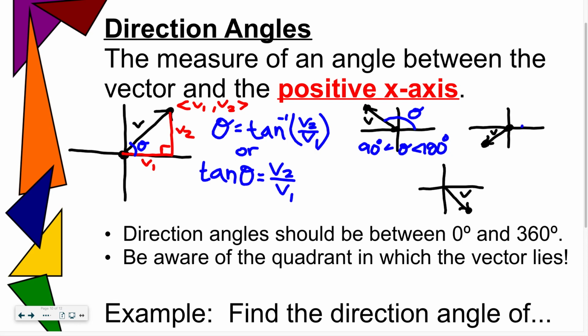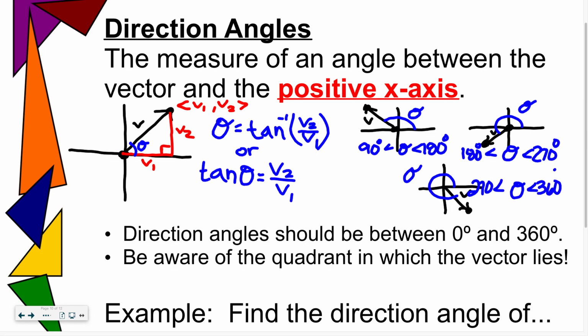If you're in quadrant 3, then theta has to be between 180 and 270. And if you're in quadrant 4, your theta has to be between 270 and 360. You okay with that?